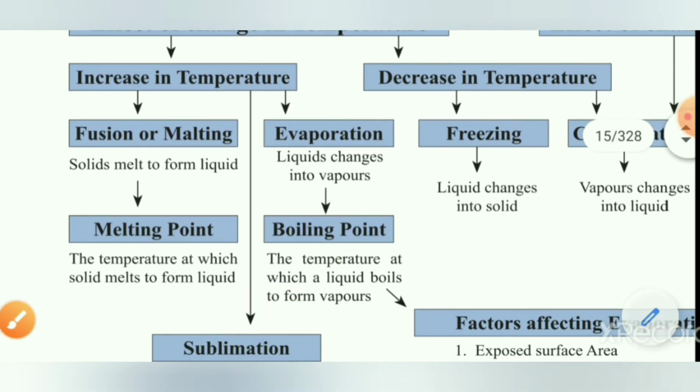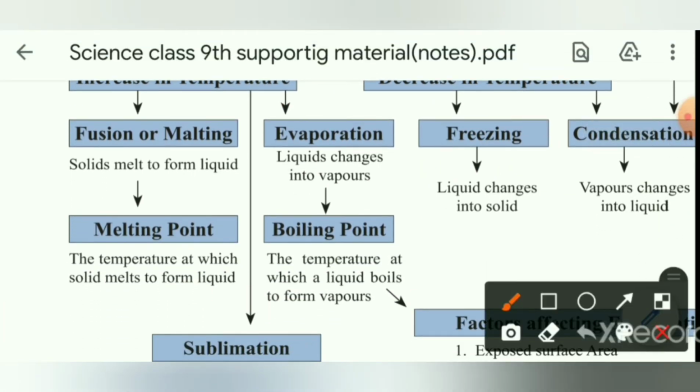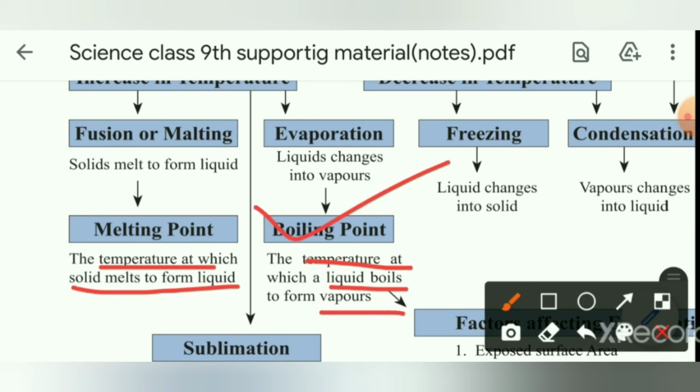Then what is melting point and what is boiling point? Melting point: the temperature at which a solid melts to form liquid is known as melting point. And boiling point: the temperature at which a liquid starts to boil to form vapor is known as its boiling point.